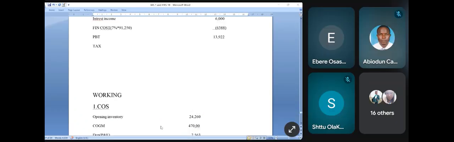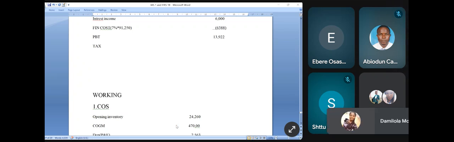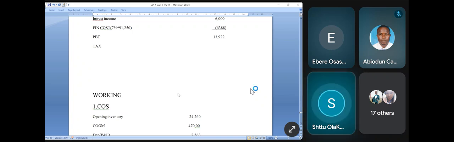I told you, that is 19,534, not 13,922. The profit before interest and tax is 19,534, not 13. That one is before interest.